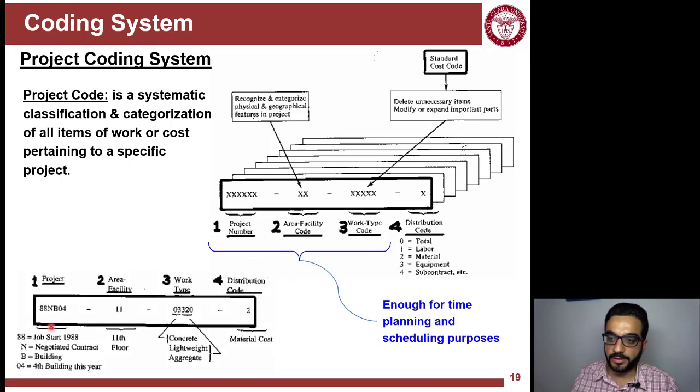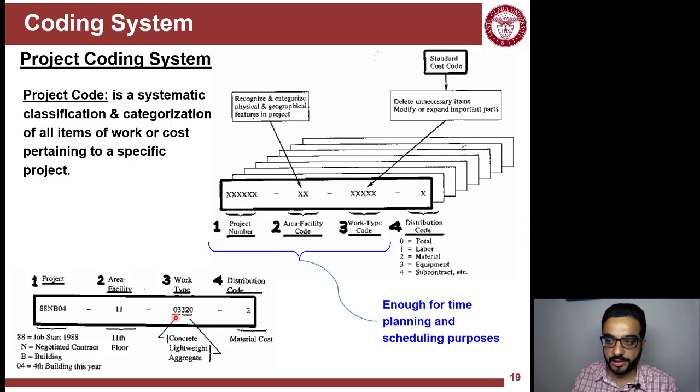So for example, this is a code of an activity. 88NB01 04, that's the code for a project. From the code you can get information about the project. And then the area within the project, it's the 11th floor, and then 03320 is the CSI MasterFormat code referring to concrete lightweight aggregate.